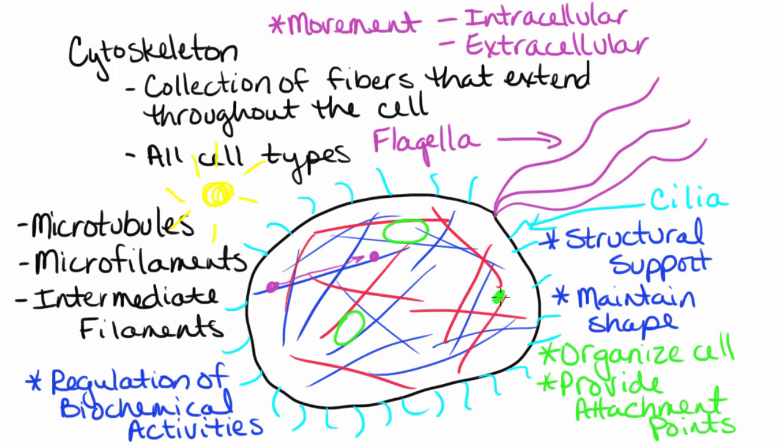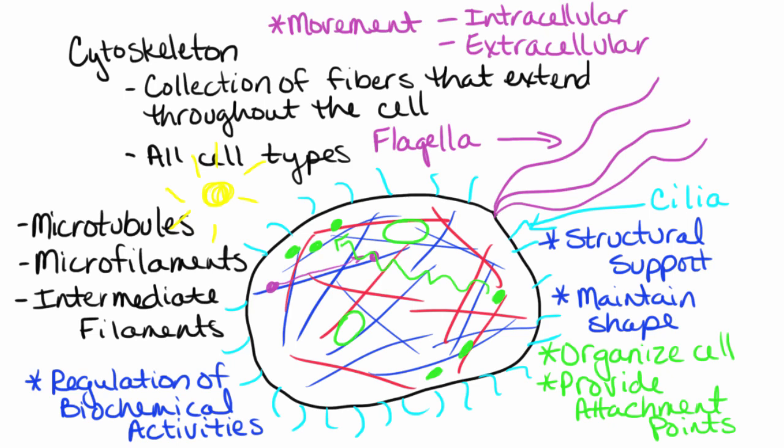So if I had a couple of chloroplasts over here, then what the cytoskeleton is going to help us do is actually move these over to this side of the cell. Because if they're over on this side of the cell, then they're going to be better able to intercept that light energy that's coming in. So in that fashion, we're saying that the cytoskeleton is helping to regulate the actual biochemical activities of a living cell.